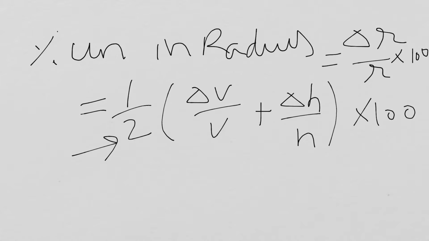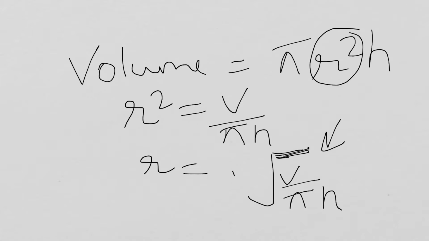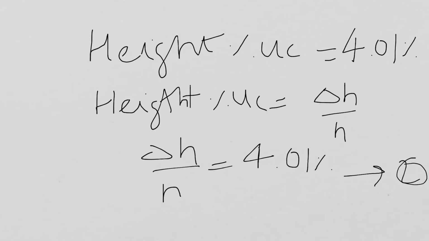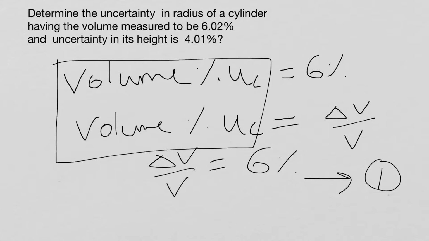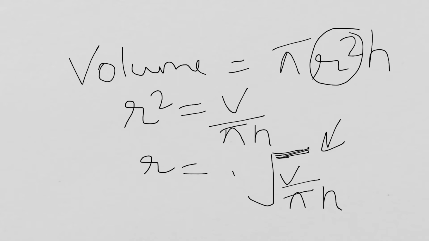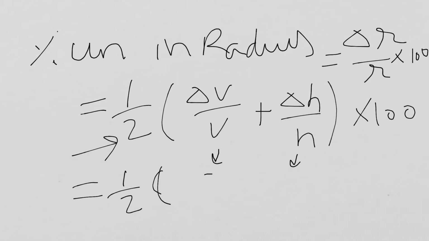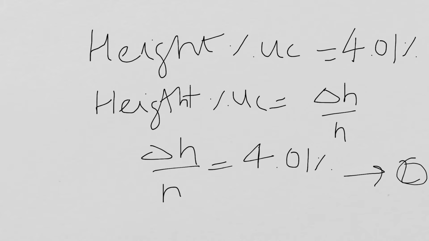We have found these two values, so we will substitute them here. Delta r by r equals half into bracket, delta V by V, which here is 6%, plus delta H by H, which is 4.01%.